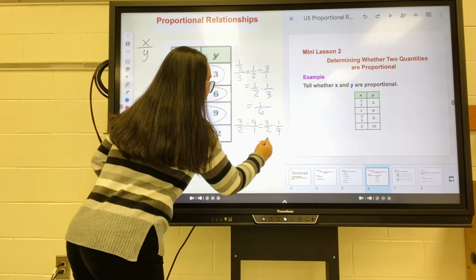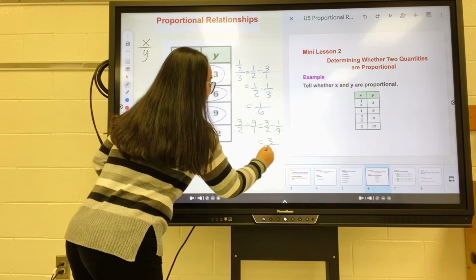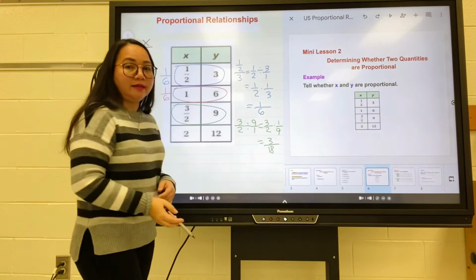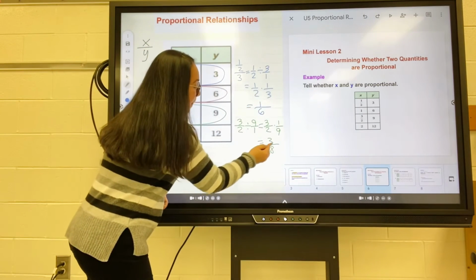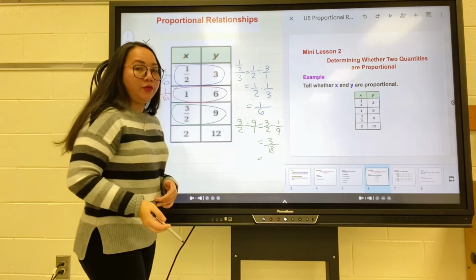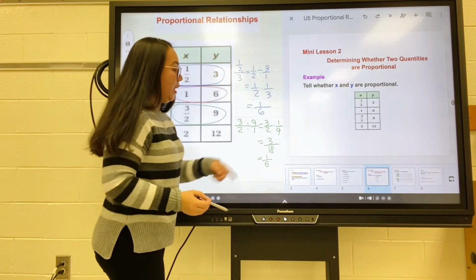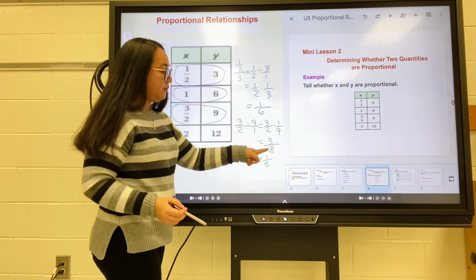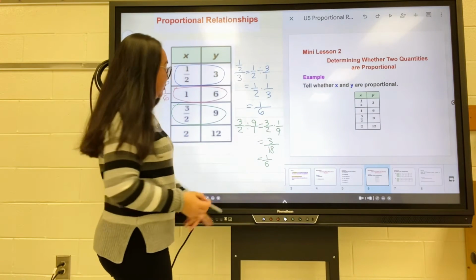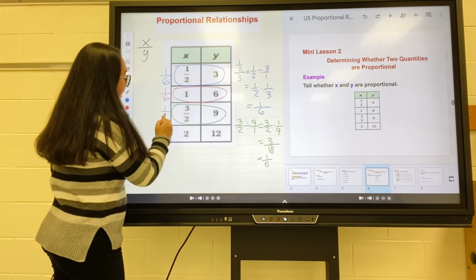So 3 times 1 is 3, 2 times 9 is 18. Then simplify. The simplest form of 3/18 is 1/6, because 3 divided by 3 is 1, and 18 divided by 3 is 6. So you have 1/6 and write it down on the side.